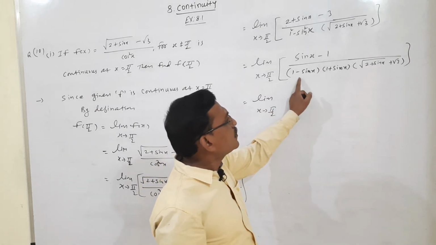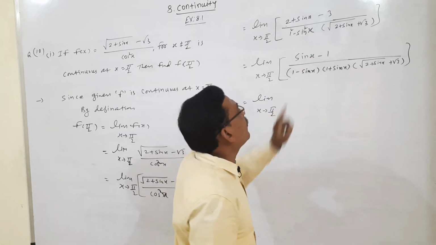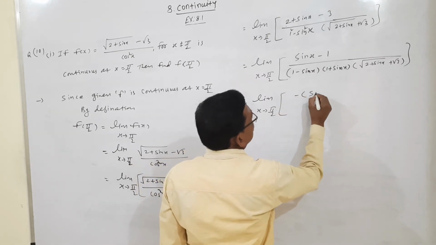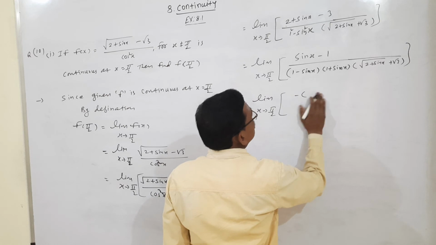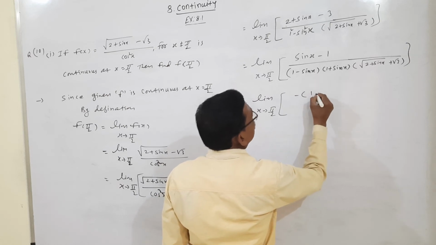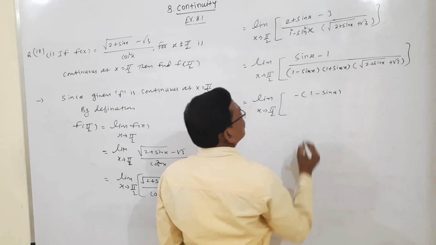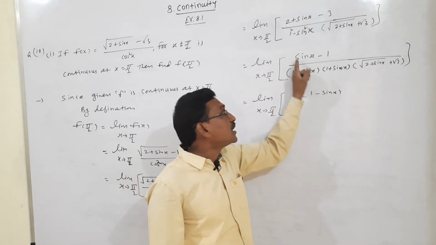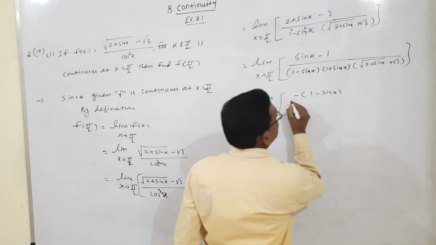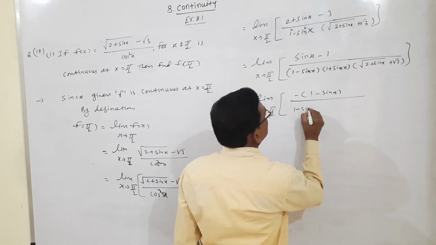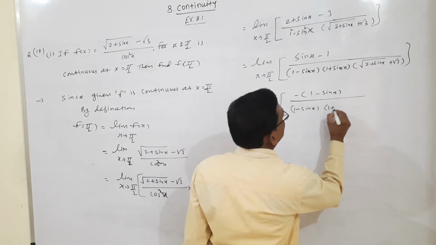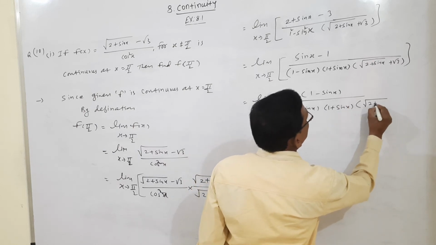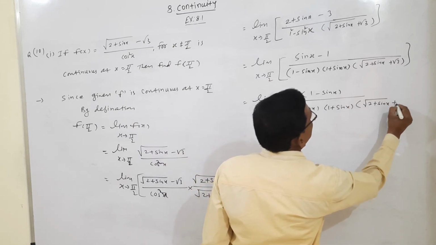Due to this factor, we take the common minus sign. We adjust, so we take common minus sign. It gives plus 1 minus sin x, because minus into 1 is minus 1 and minus minus is plus sin x. We adjust this minus sign here. The first factor is 1 minus sin x, the second factor is 1 plus sin x, and the third term is under root 2 plus sin x plus root 3.